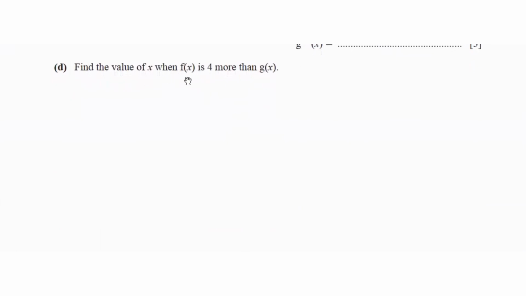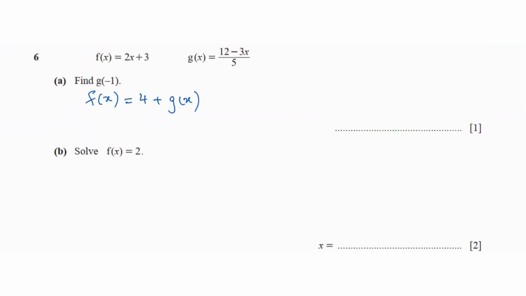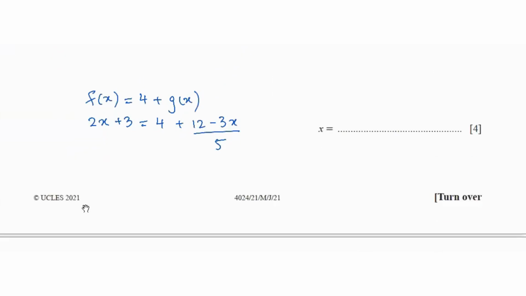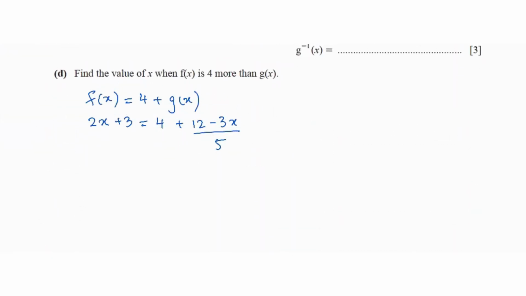Find the value of x when f of x is 4 more than g of x. Your f of x was 2x plus 3 and g of x is 12 minus 3x over 5. So let's solve this.